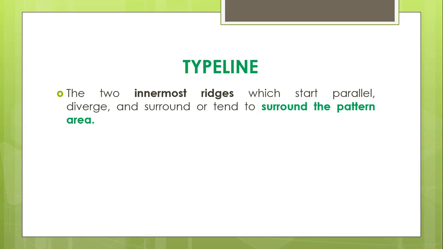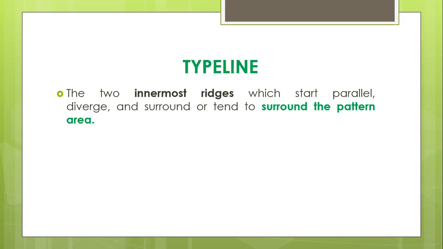In fact, it runs parallel or side by side, then diverge, and then surrounding the pattern area. Later on, we will discuss about the pattern area. Let us first focus in discussing the type line.